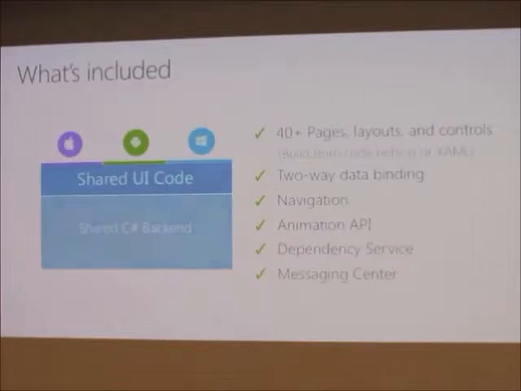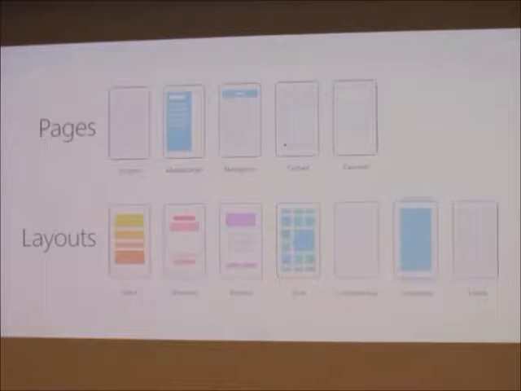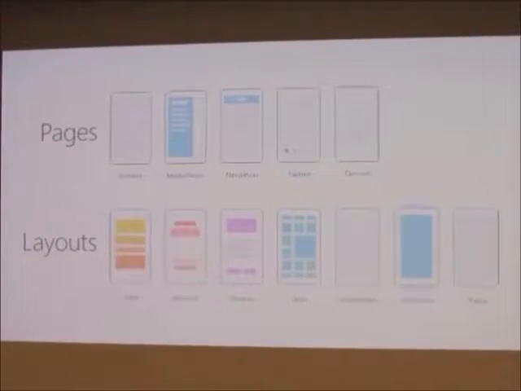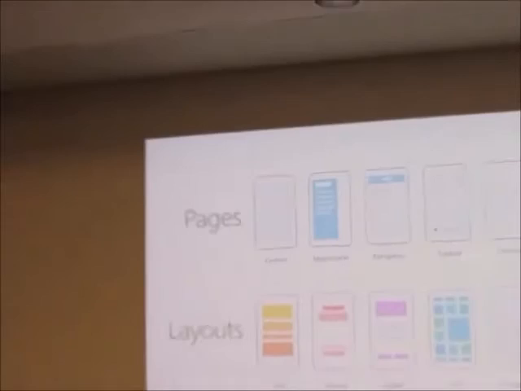I think is great. So the two main things you have are pages and layouts. Pages right there, you see you have content, master detail page, navigation, tab, and carousel page. Content page is just, you want to throw up a bunch of content. Master detail page, that's where you have the slide out menu from the left.